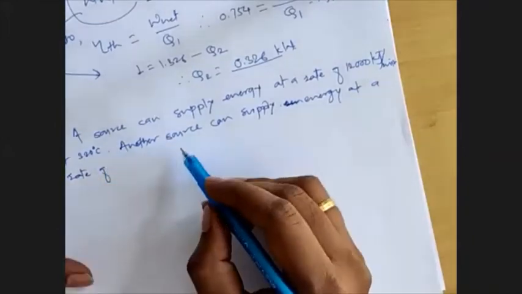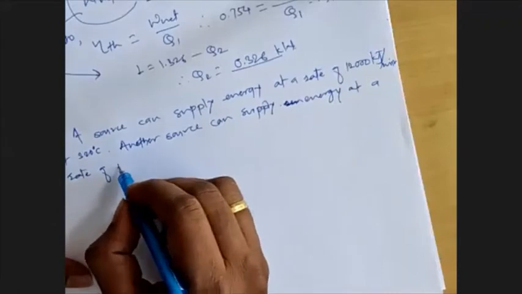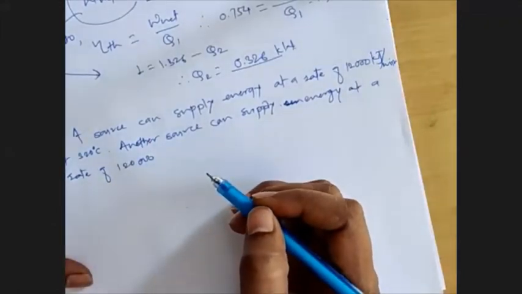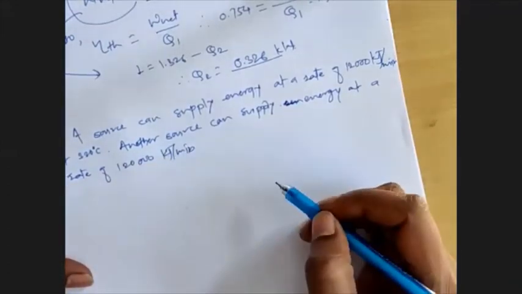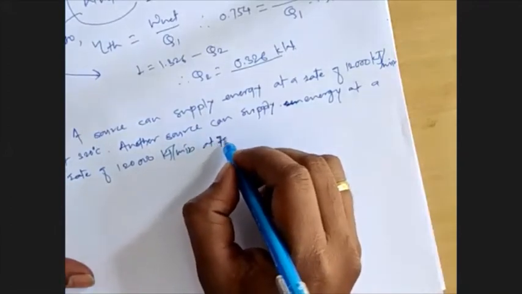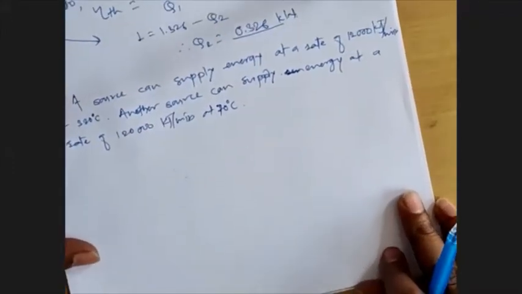There is another source that can supply energy at a rate of 1,20,000 kilojoules per minute at 70 degrees Celsius.